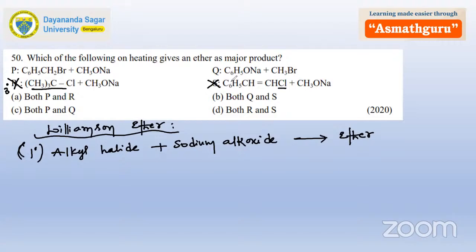Then P and Q remain. In Q, the alkyl is CH2Br, which is primary, so Q is okay because RX should be primary. In P, C6H5CH2Br is also primary, a benzyl halide. So P and Q are okay. The option is C.